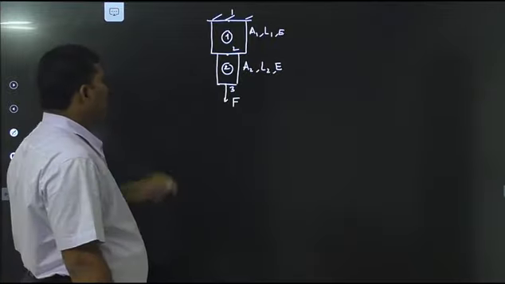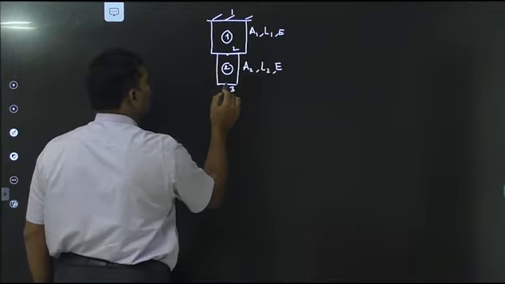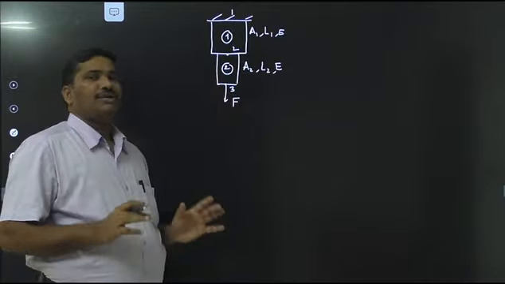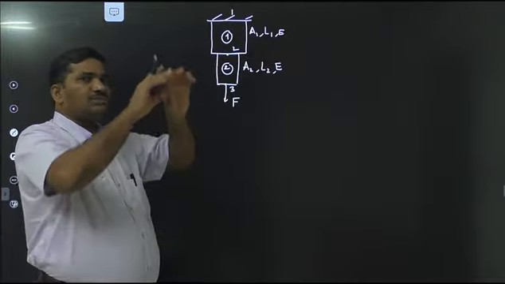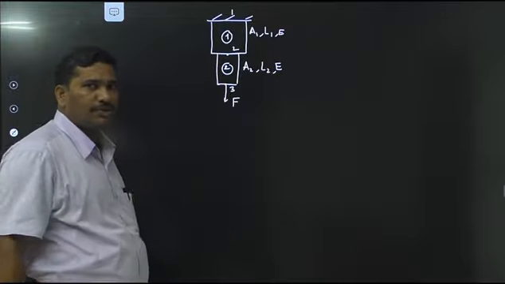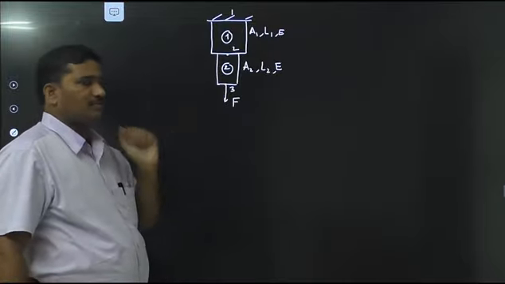Next, for the second element, node 2 is the first node and node 3 is the second node. This is the element connectivity information. Normally we tabulate this. When you solve a problem, you have to make a table giving this information.